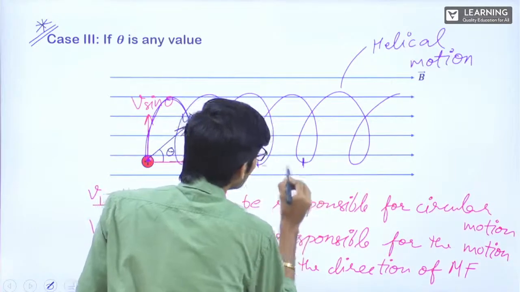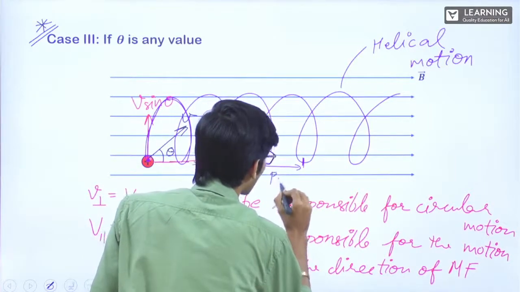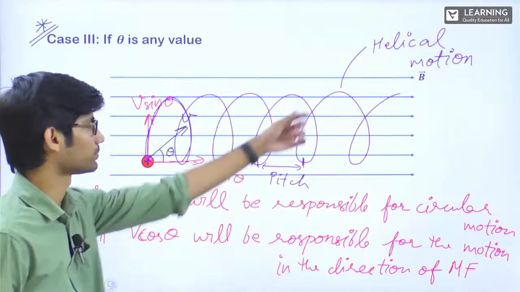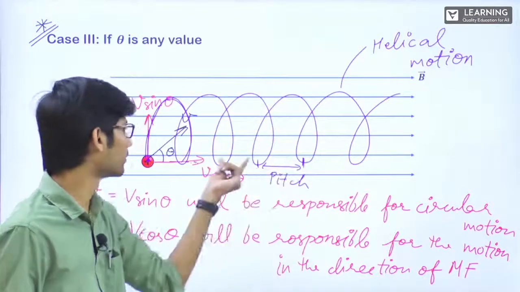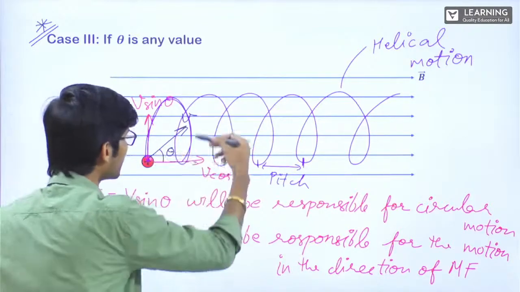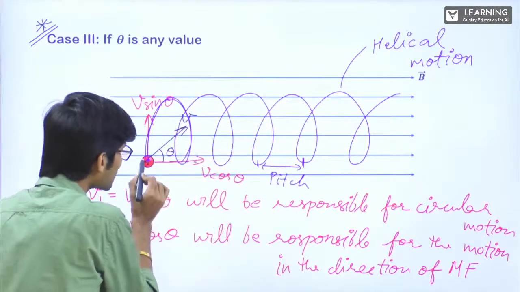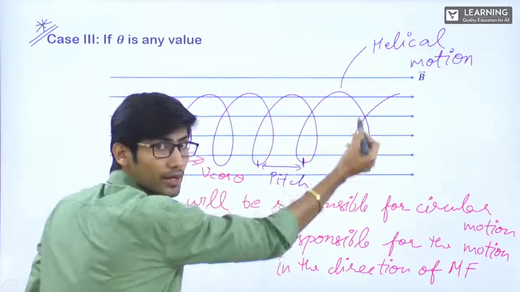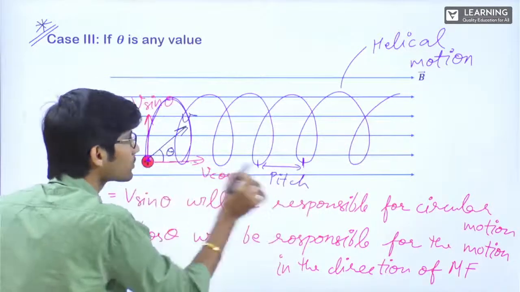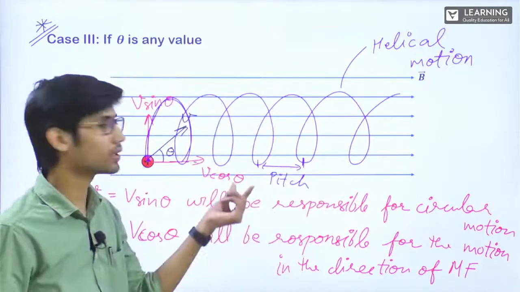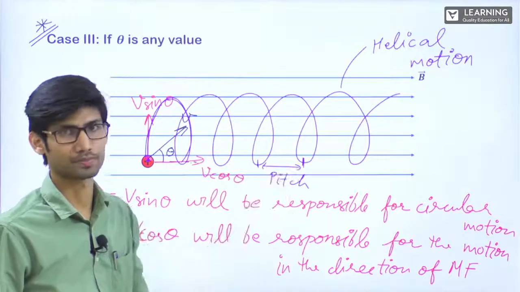This distance is known as pitch. This will be equal everywhere, because in the same time in which it is completing one circle, in the same time it is covering this. So the time period for the circle will be the same, and in the same time period it is covering the horizontal distance also. So these pitches will also be equal. Clear? This distance is known as pitch.